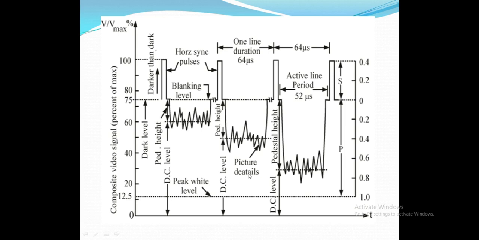The details of the three different lines as a composite video signal are shown in this diagram. Okay. So this is the composite video signal as per ISI specification. In it we have different pulses. Each and every pulse has some value.